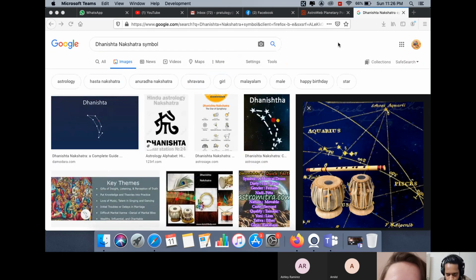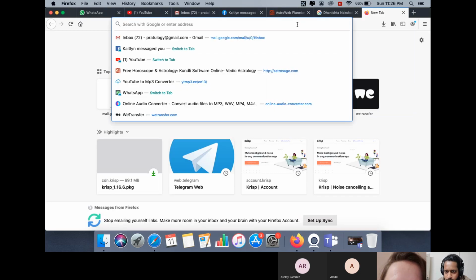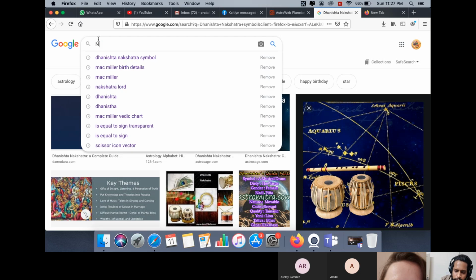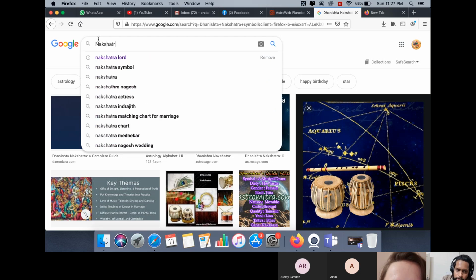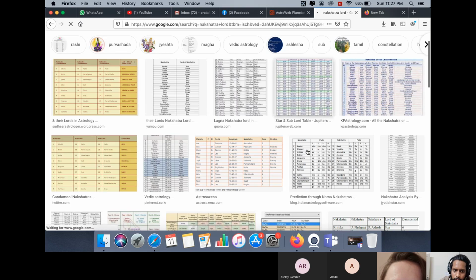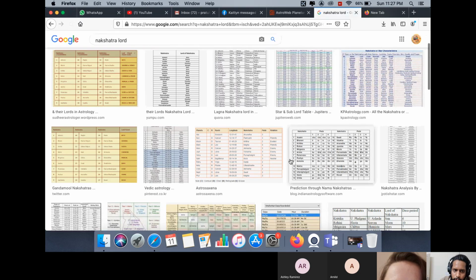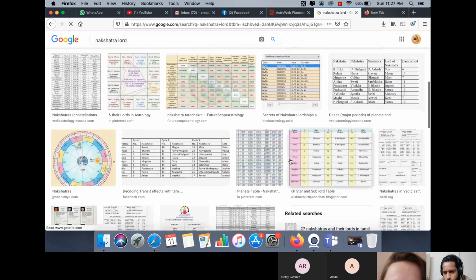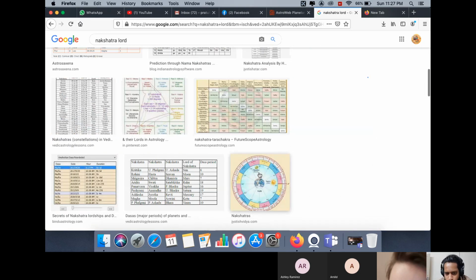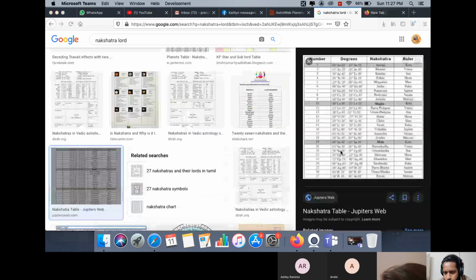Let's go step by step. See the nakshatra lord. See the nakshatra ruler. Who rules the Dhanishta? Anyone know? I'm not so sure. Okay, let me show you.